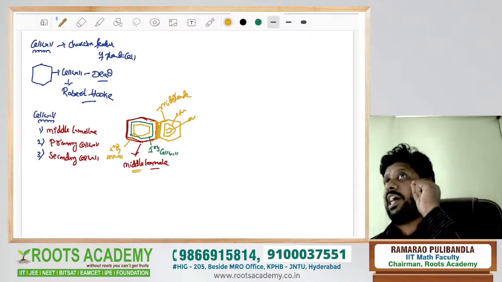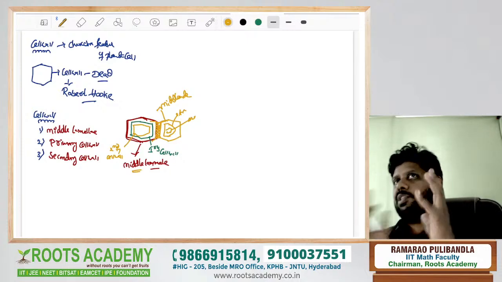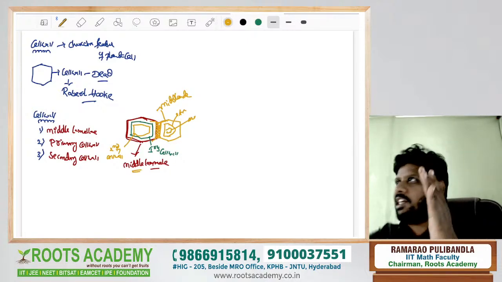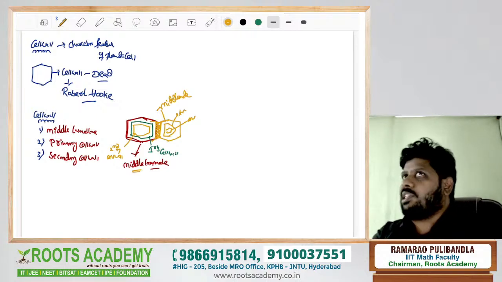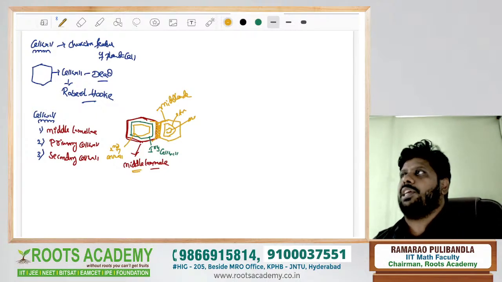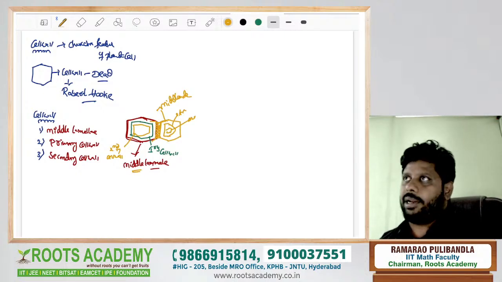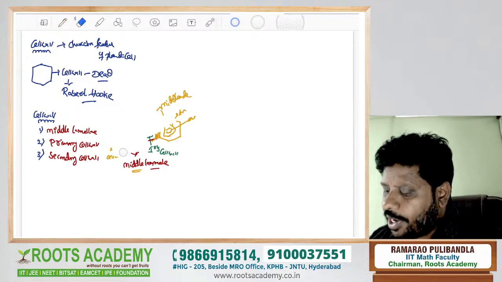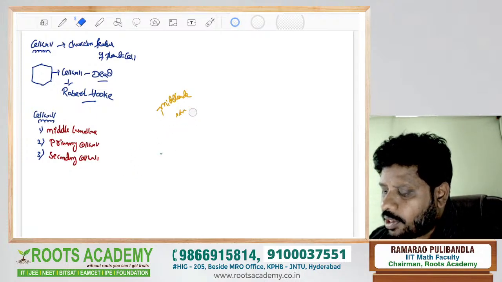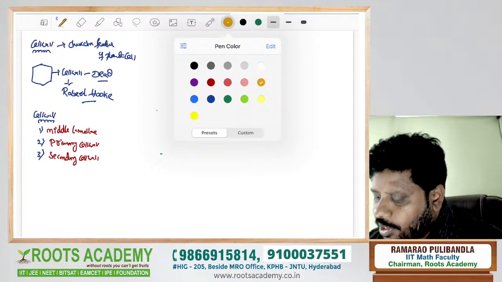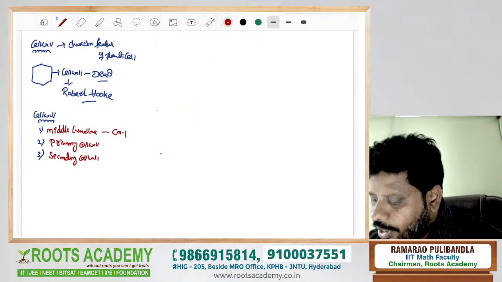That's why I used the term middle. When you compare two adjacent cells, it is present in the center. But if you take the individual cell, outermost covering layer is the middle lamella. Clear? And this middle lamella is made up of calcium pectate and magnesium pectate.